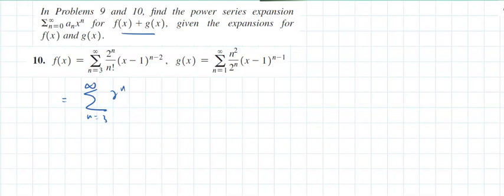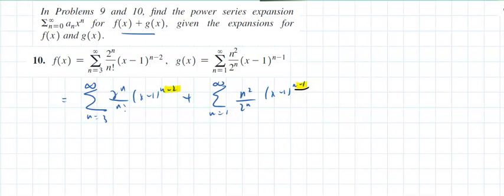I'm going to start with where you should begin. If I'm adding those, two things must be true for you to be able to add them. The powers must be equal. That's where you start. So it doesn't matter which one you push up, which one you push down. This is n minus 1. Let me see the partial expansion. Okay.